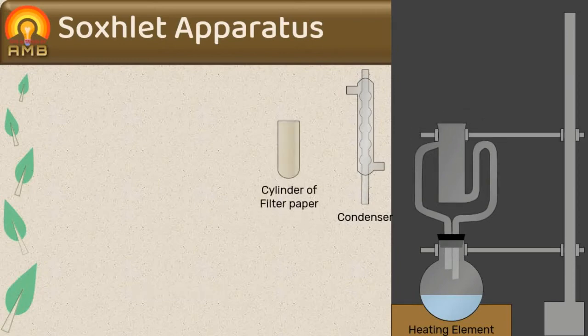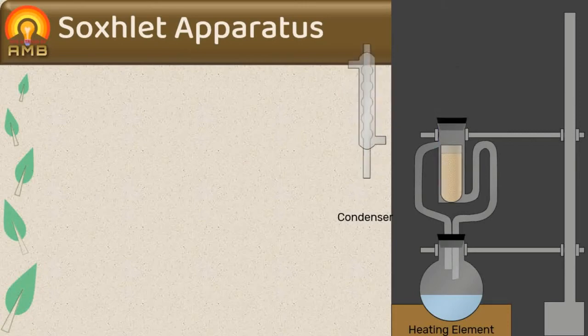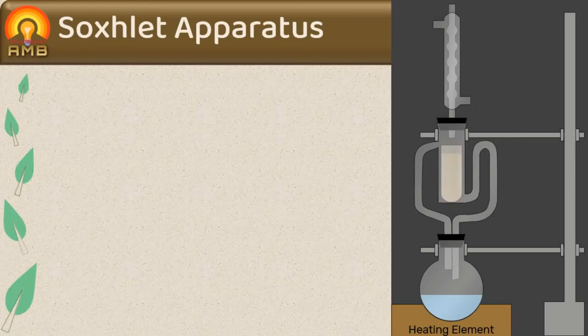Pack the drug to be extracted in a cylinder made up of filter paper and place it in the white tube or body of the Soxhlet extractor. Then fit the condenser on top of the Soxhlet extractor. Connect inlet and outlet with pipes and start inflow of cool water. Heat the flask by a heating element like a water bath or sand bath.